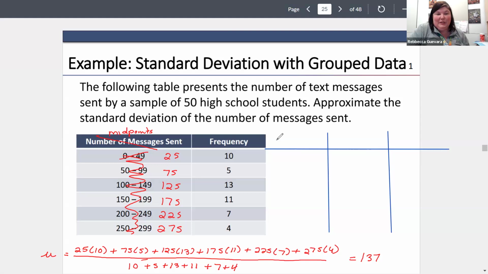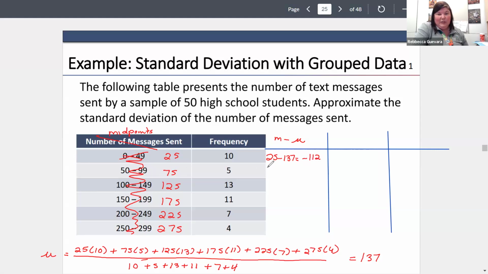Then we're going to take those midpoints and subtract that mean from each one of them. We're going to do this one at a time. If we did this one, it'd be 25 minus 137. I'm not going to do every single one of these. We should end up with a negative 112.